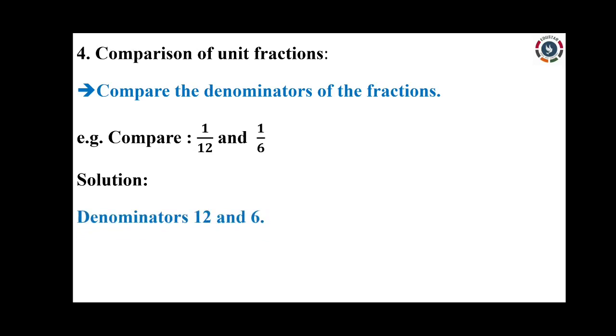So when we compare the denominators 12 and 6, 6 is smaller. So 1 by 12 is less than 1 by 6. The greater fraction is 1 by 6, because between 12 and 6, the denominator 6 is smaller. So 1 by 6 is the greater fraction.